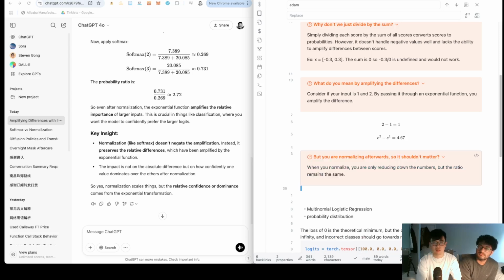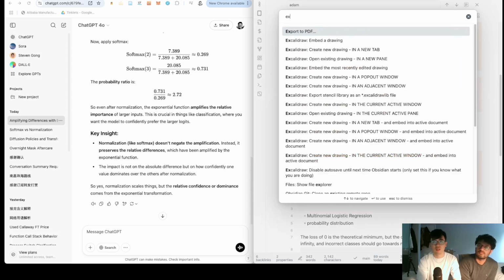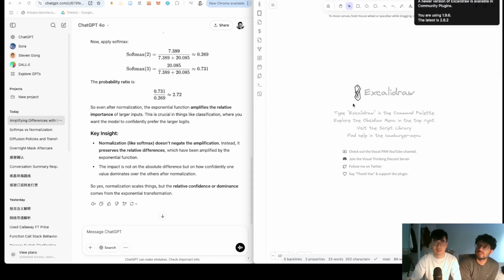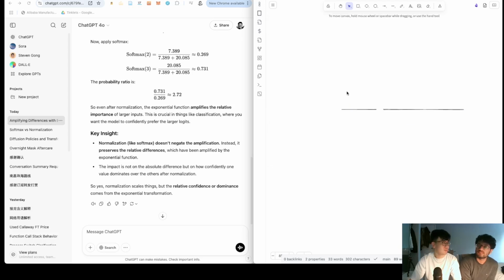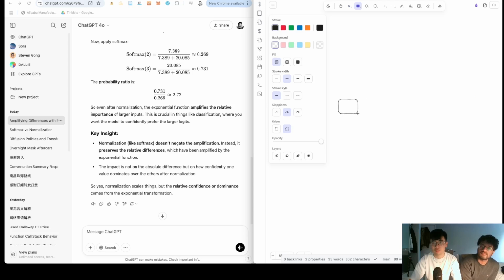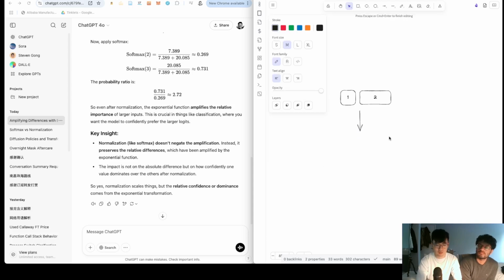When you normalize, you're scaling down the numbers, but the ratio remains the same. So this is 1, this is 2. It's a rectangle. 1, 2, and then normalize.